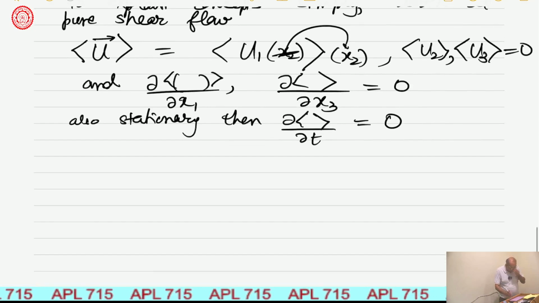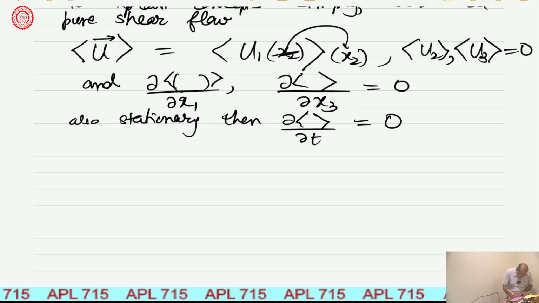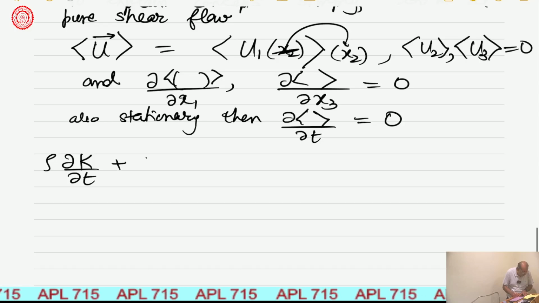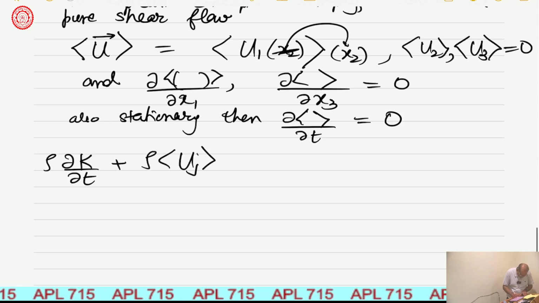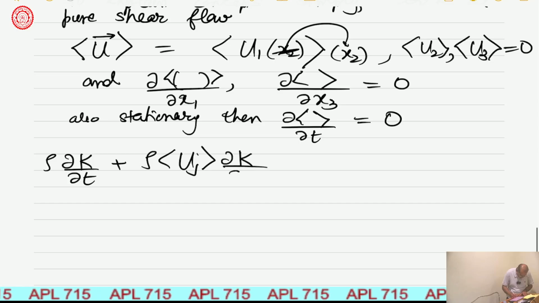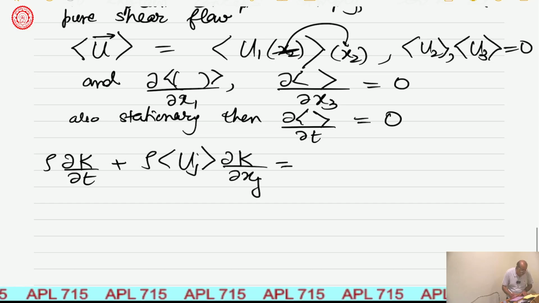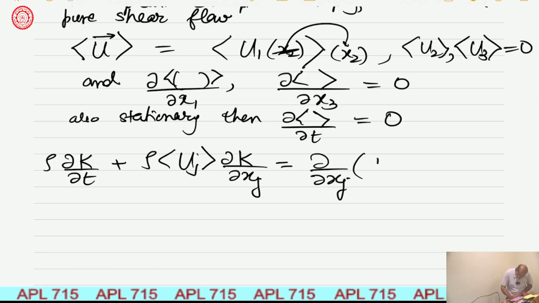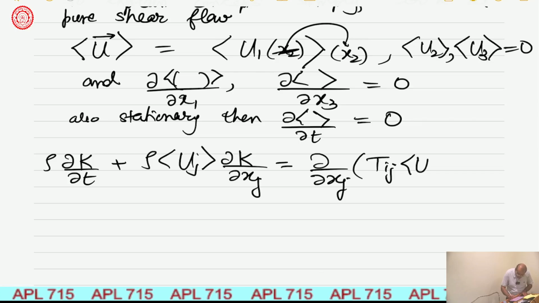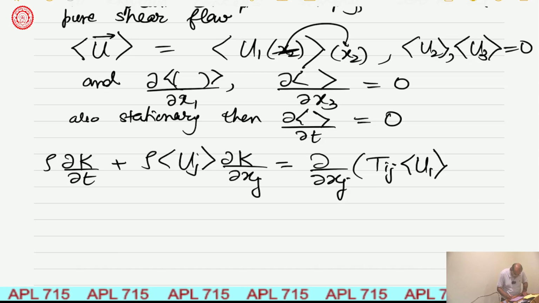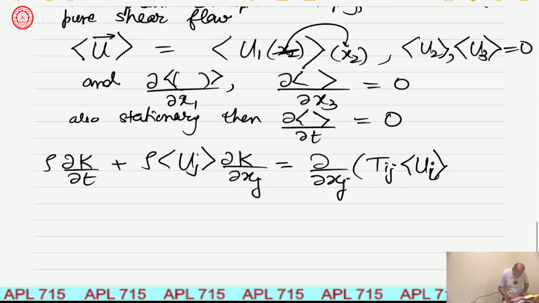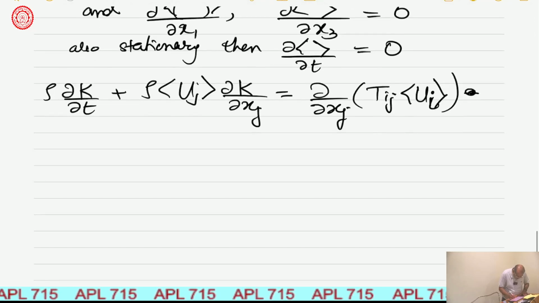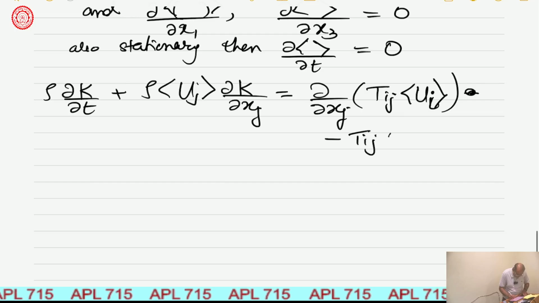So now let's first write the equation, rho partial k by partial t. A very simple equation we have got. Right now we have not expanded Tij, so this term becomes equal to Tij ui minus of Tij.